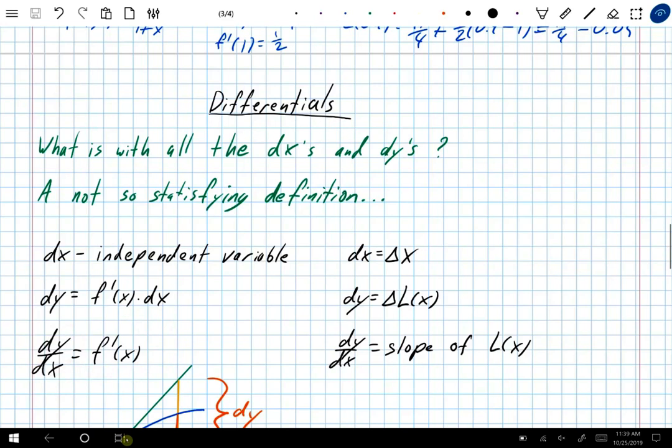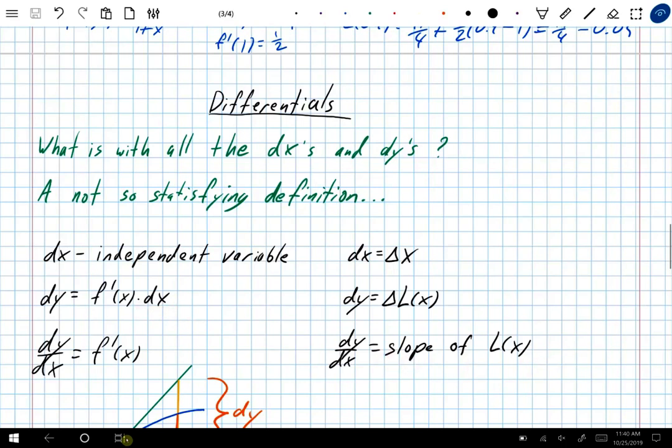At its heart, it's a little bit circular, but the reason why dy dx is equal to the slope is because this is how we defined dy and dx to work. dy is just how much the y value in a tangent line changes when the x value changes by a certain amount. So dy dx is by definition the slope of L of x.